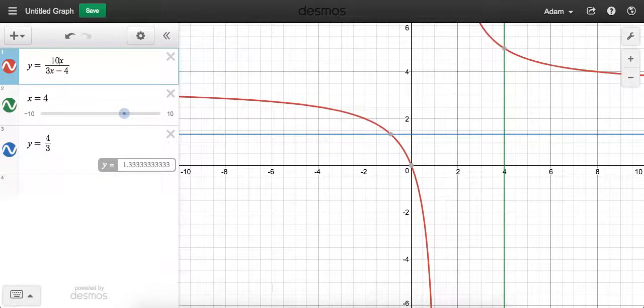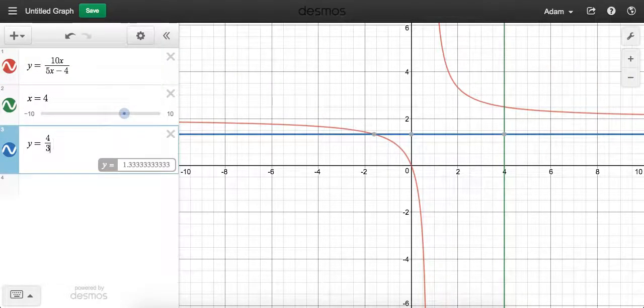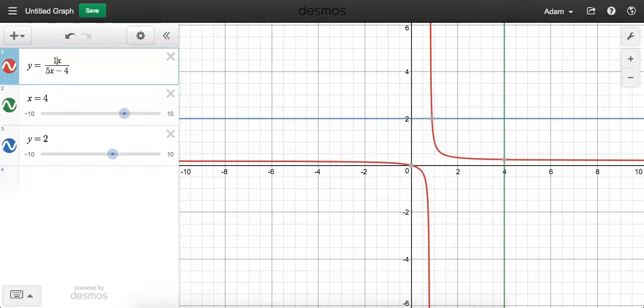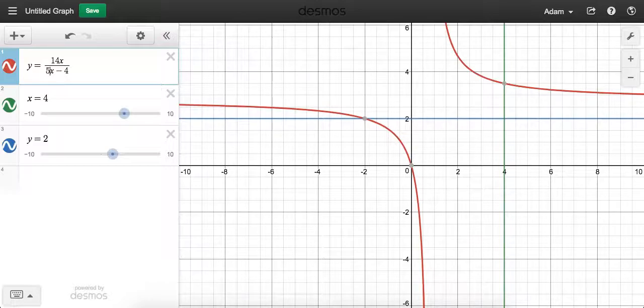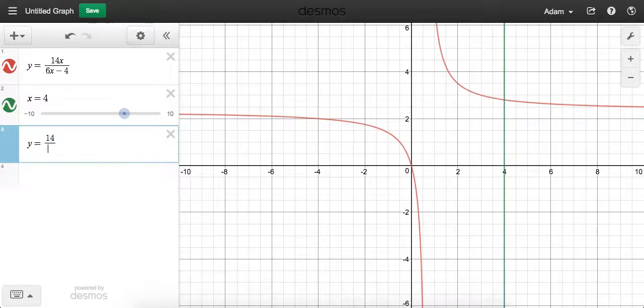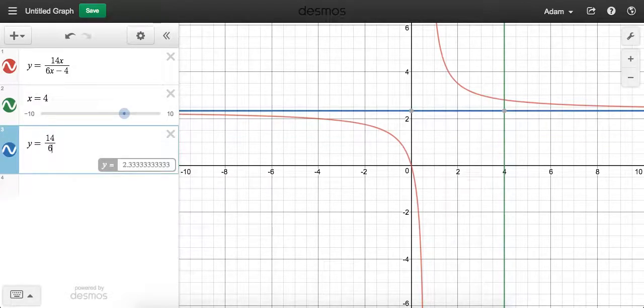If I put this at 10 and make this a 5, my horizontal asymptote is at 2. 10 divided by 5 being 2, if you didn't notice that. What if I were to make it a 14 here, and then we'll make it 6, so we would be at 14/6 for my asymptote there.